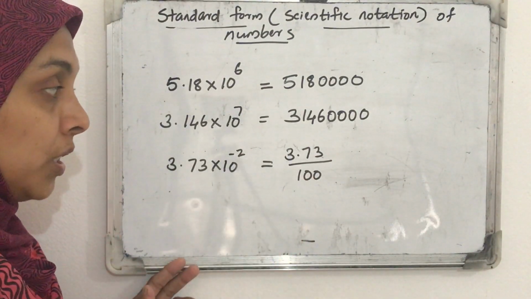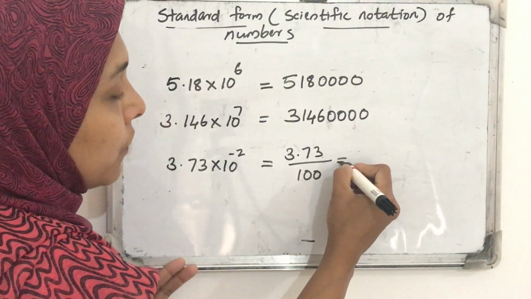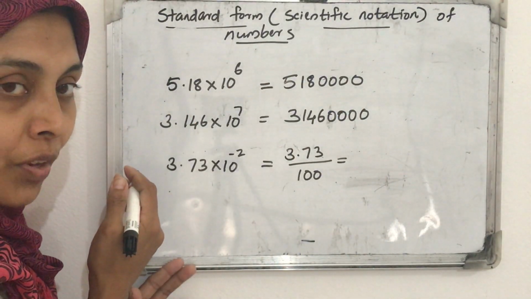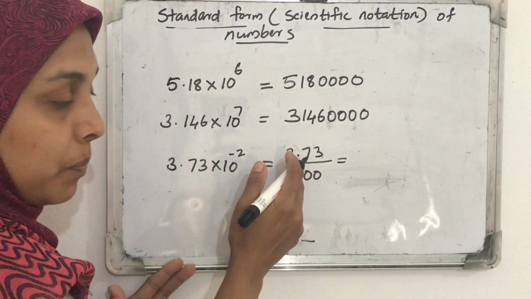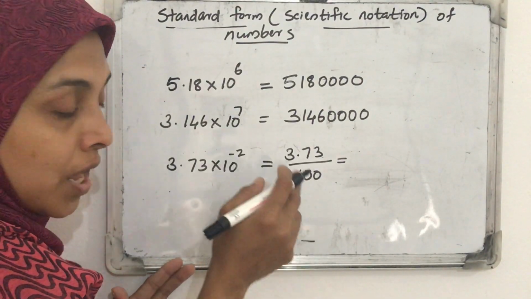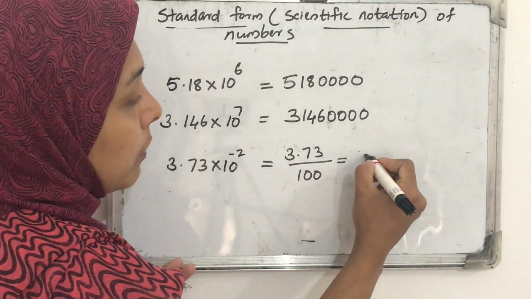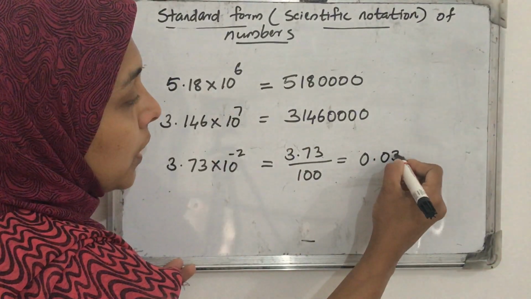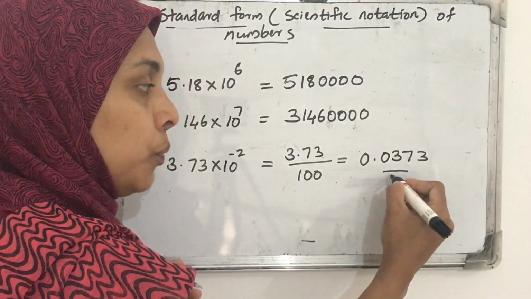That we already know. Decimal numbers, when we divide by 100, 1000 like that, how many places do we want to move to the back side? That will be the back side or left side we want to move the decimal places. How many places? 2 places. Here 2 zeros are there, so 2 places we want to move. Already here have 1 digit, so it will be 0.0373.